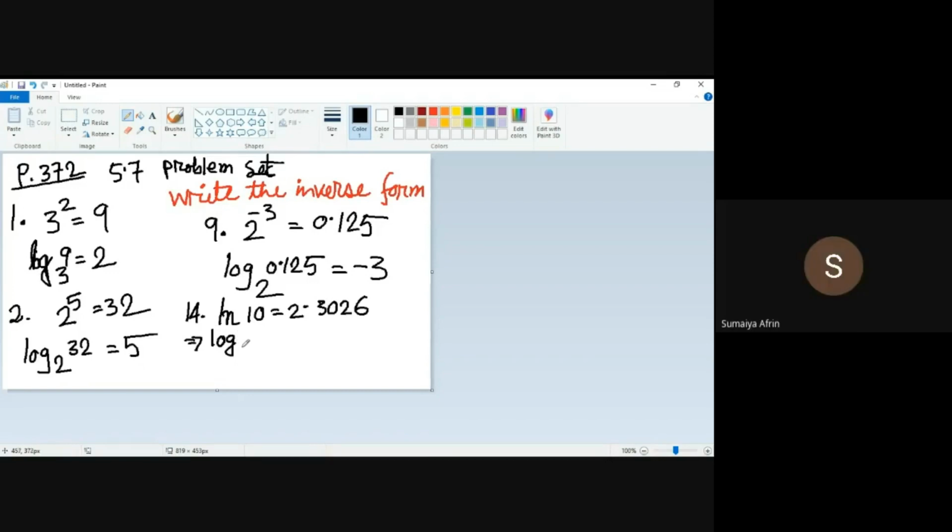If we write the inverse, we need to go to the exponential form. So we write base e to the power 2.3026 equals 10. This is the inverse form.